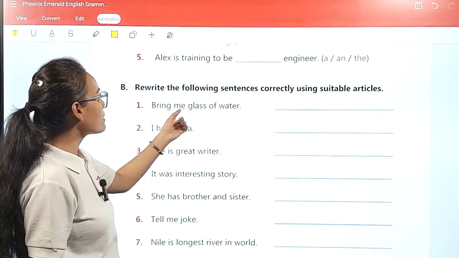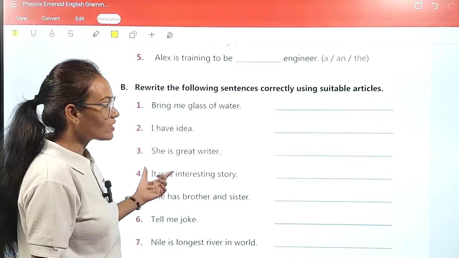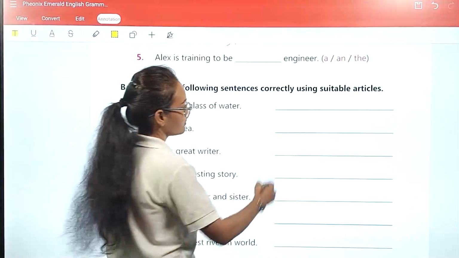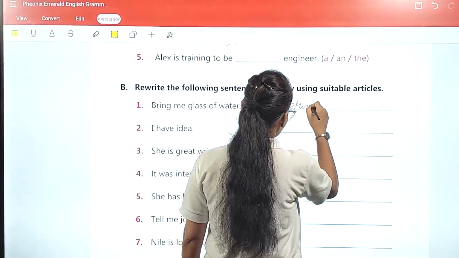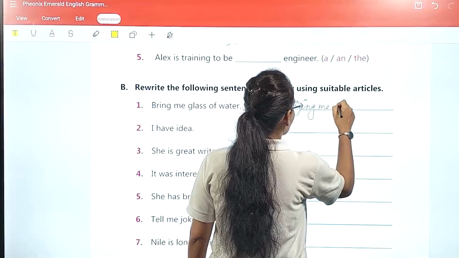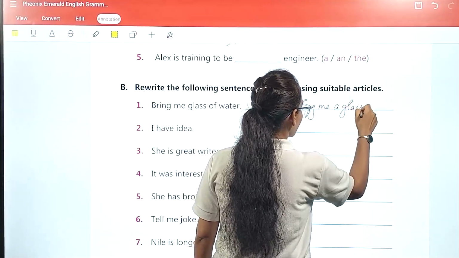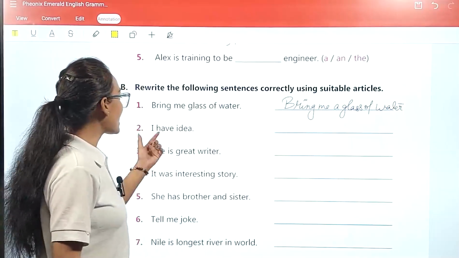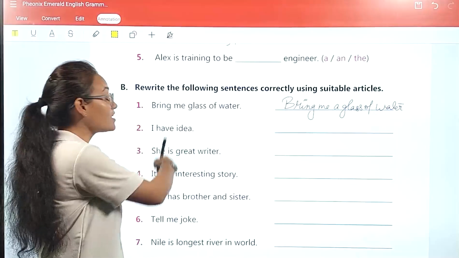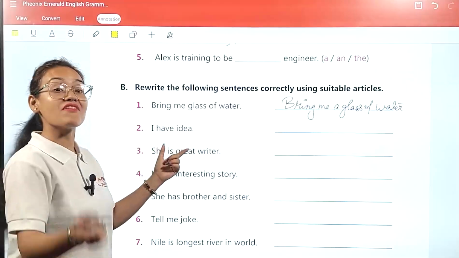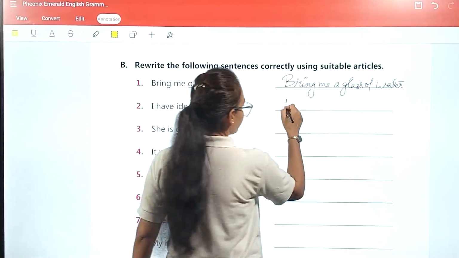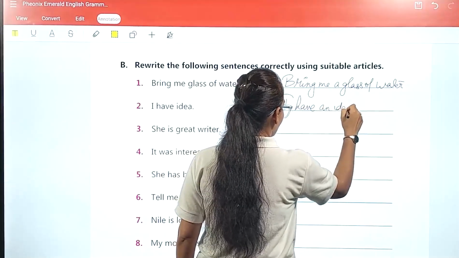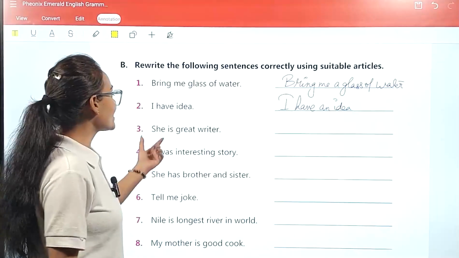Like, bring me glass of water. So, what article are we going to use here to rewrite it? Bring me a glass of water. Second one, I have idea. So I is your vowel. I have an idea. Third one, she is great writer.